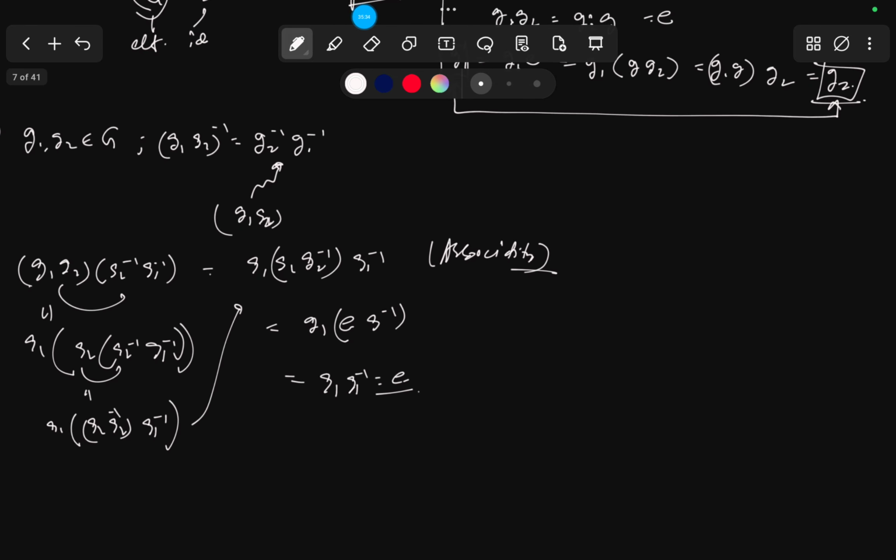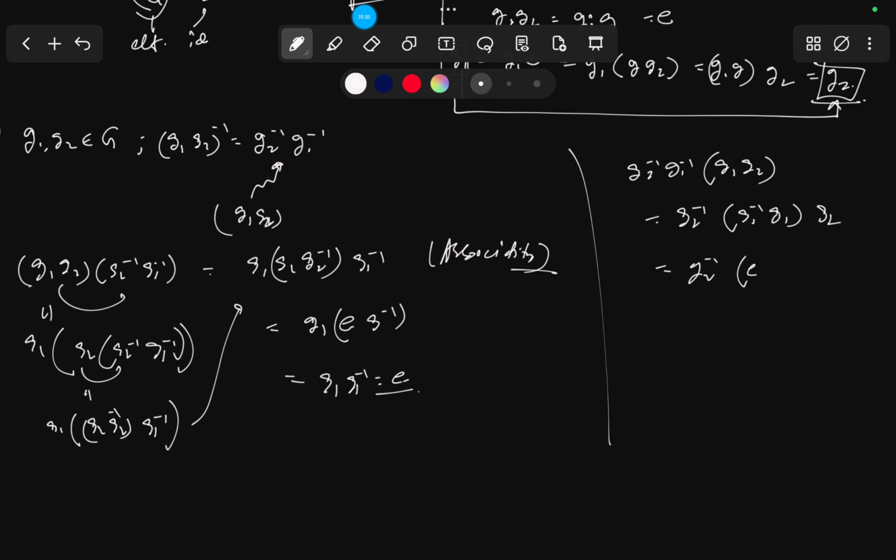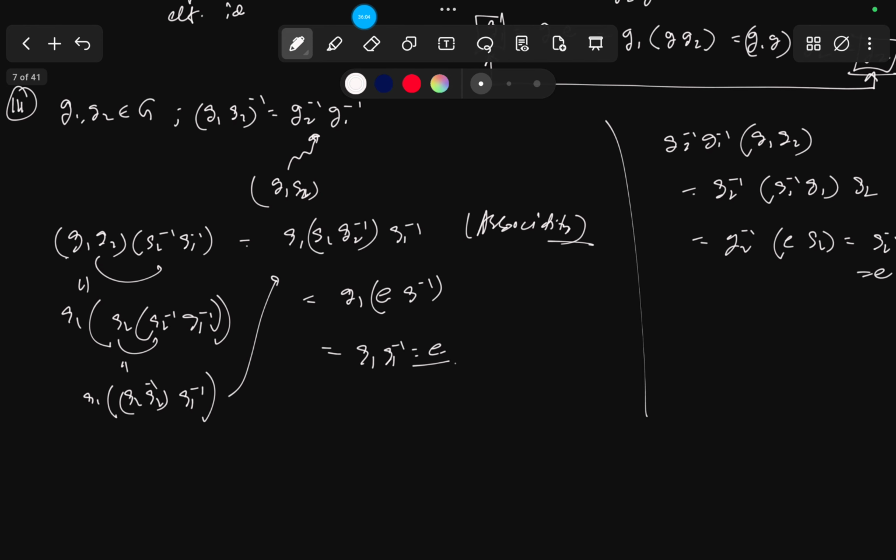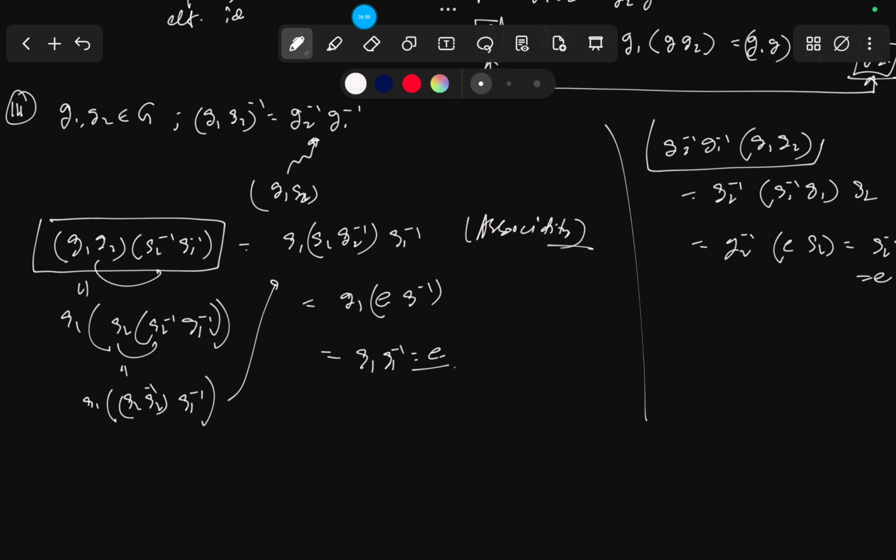Similarly, if we take G2 inverse G1 inverse times G1 G2, again we get G2 inverse E times G2, which is G2 inverse times G2, which is E. So G1 G2 times G2 inverse G1 inverse, and G2 inverse G1 inverse times G1 G2, both give you the identity.